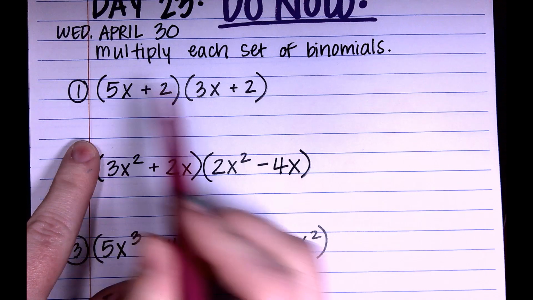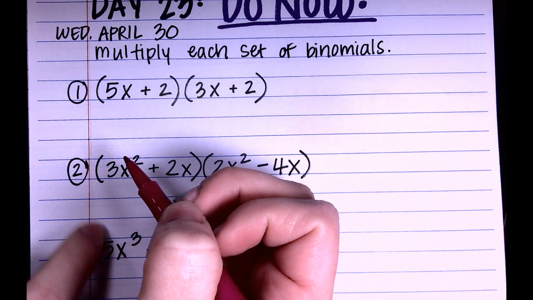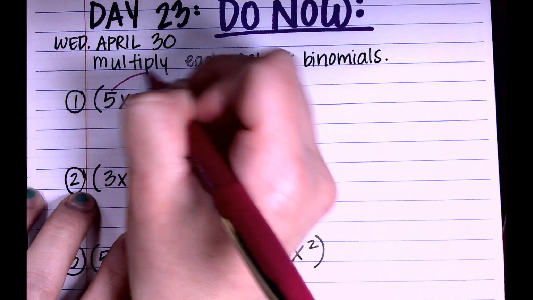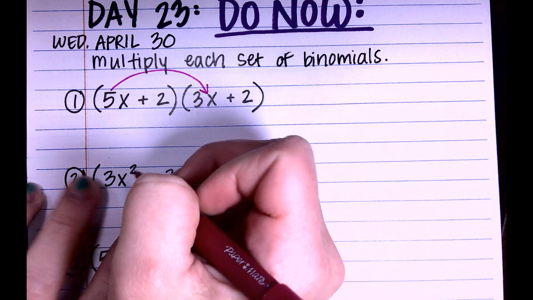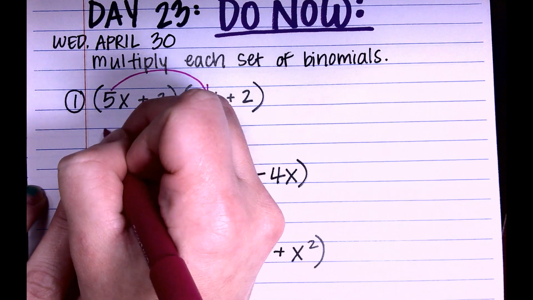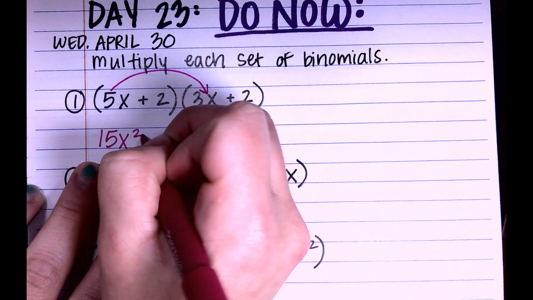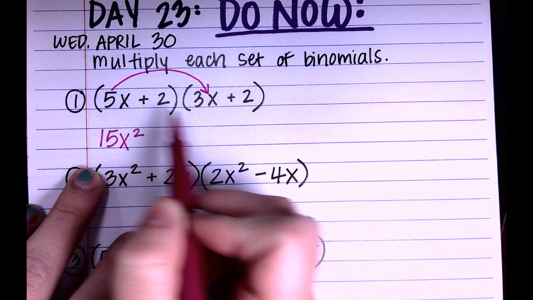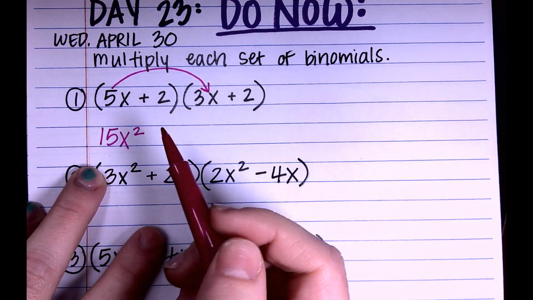So for number 1, using the FOIL method, what are the first terms that I should multiply? 5x and 3x. 5x times 3x, what did that give me? Yes, 15x to the second power. 5 and 3 are 15. X and x squared. Okay, so those are our first terms.